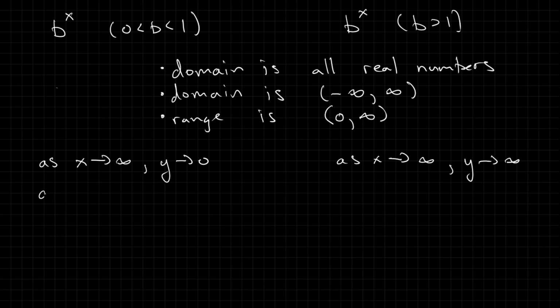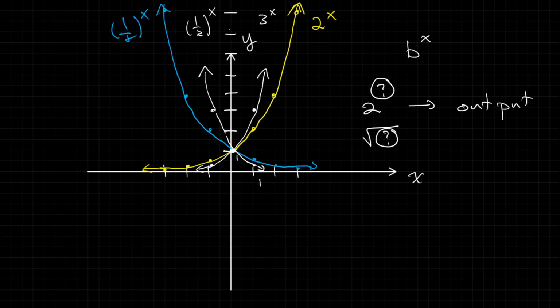Now, as x goes to minus infinity, for the function which is like 1/2 to the x or 1/3 to the x, the y values are getting very large as the x values go to the left. Whereas for 2 to the x and 3 to the x, as we move to the left, the y values get very, very close to 0.